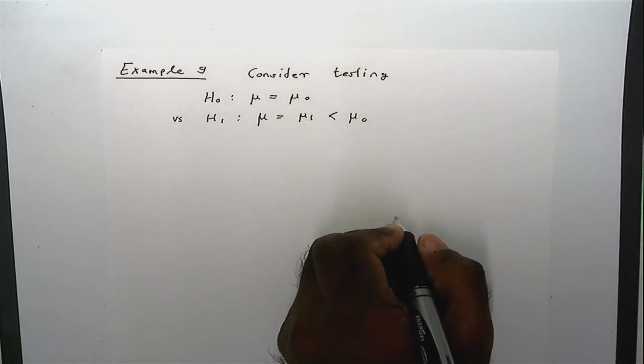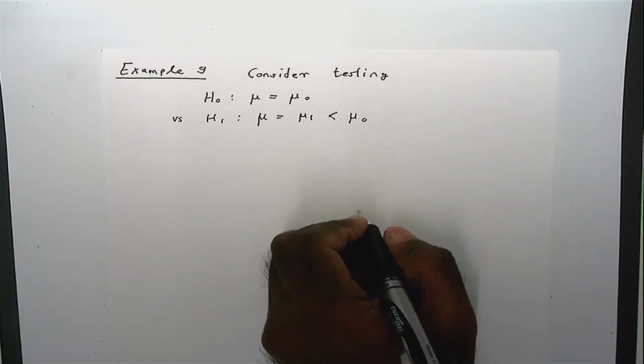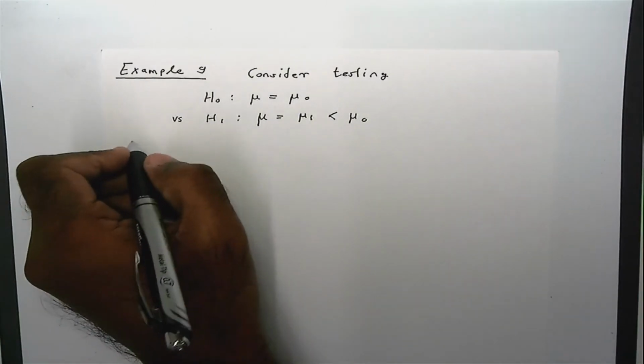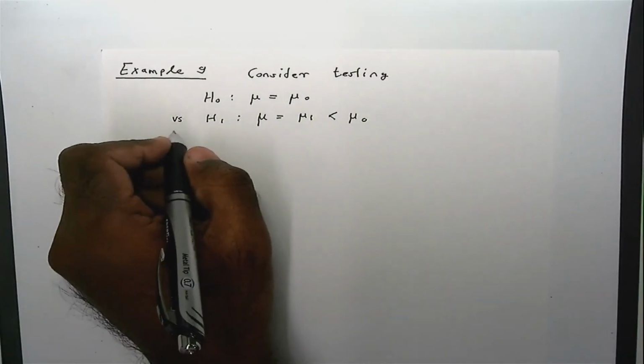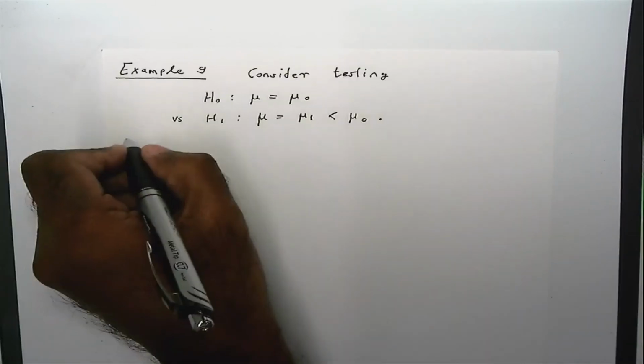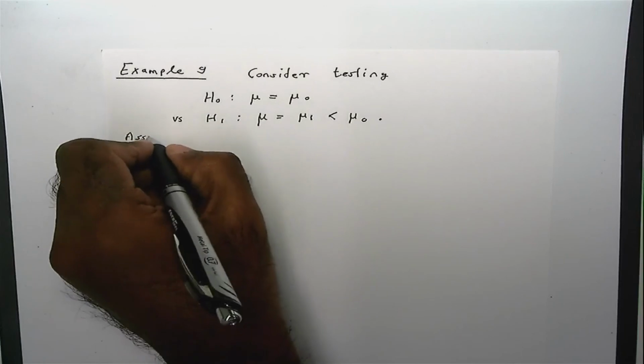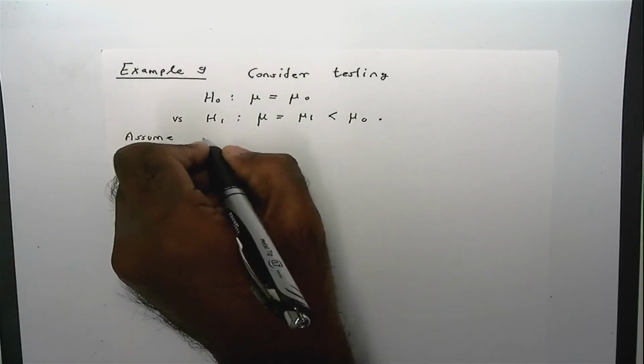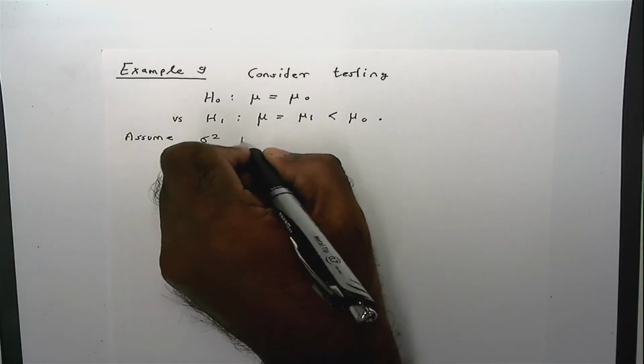Okay. And assume that the population variance is known, right? Assume sigma squared is known.